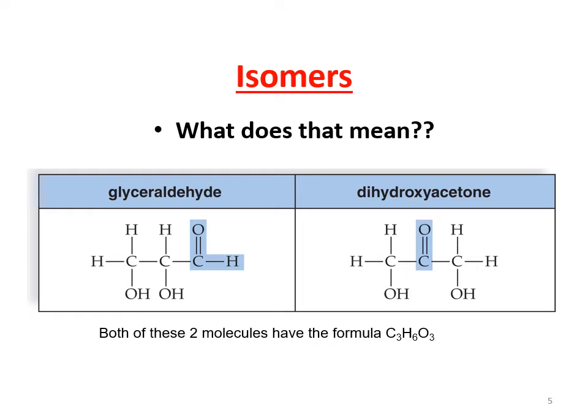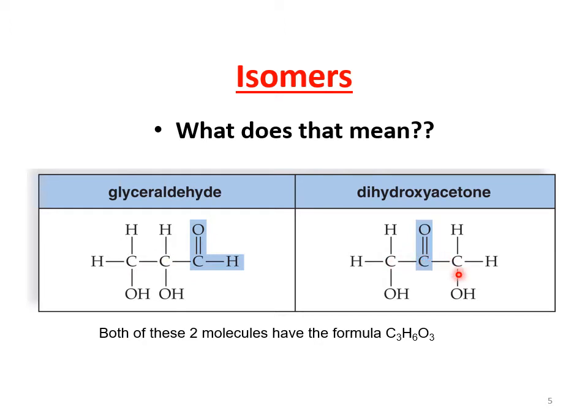Another term you see a lot in organic chemistry is the term isomers. And the pictures that you have on this slide are examples of two isomers. Both of these molecules will have the same molecular formula, meaning that they both have the same number of carbons. So notice 1, 2, 3 carbons, 1, 2, 3 carbons.